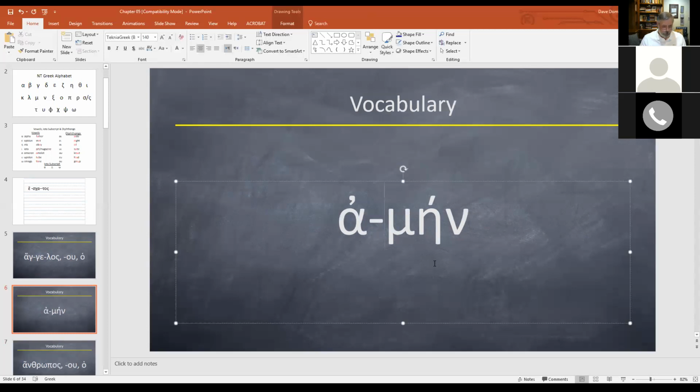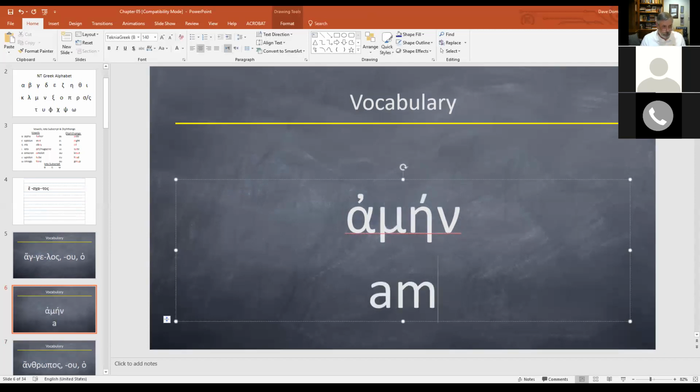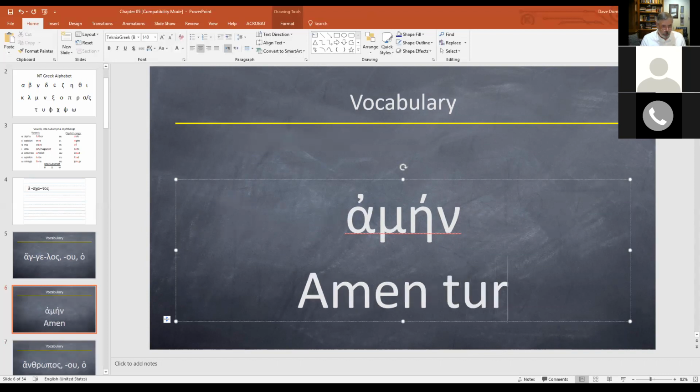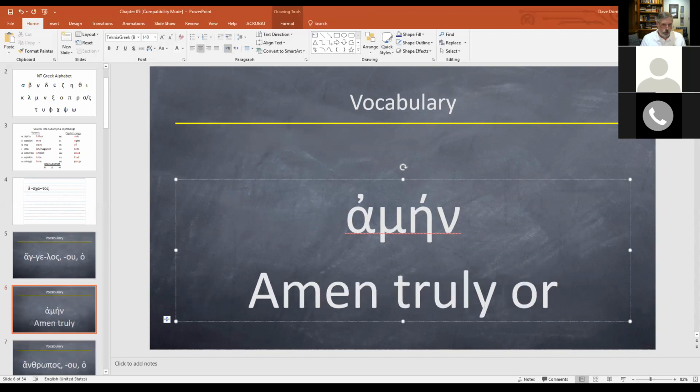Oftentimes in English, we transliterate it. To transliterate is to take the Greek letters and write the English letters that are related to them. So that's where we get amen from. But it means truly or surely.